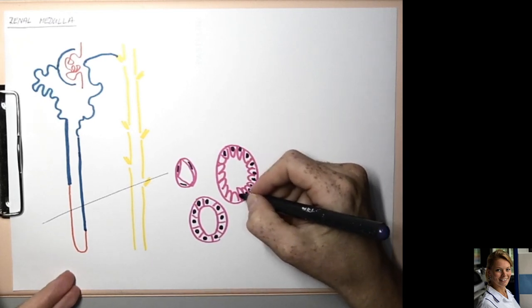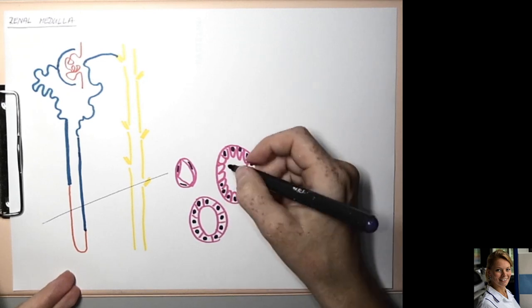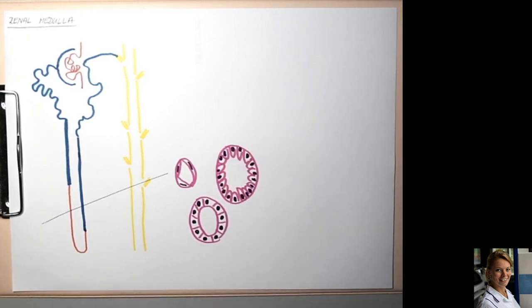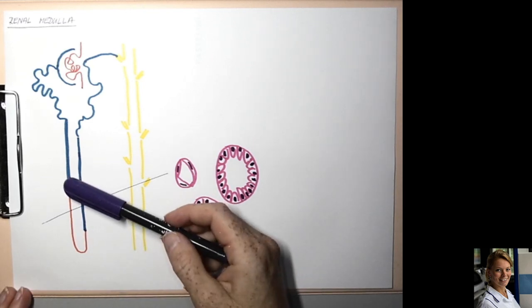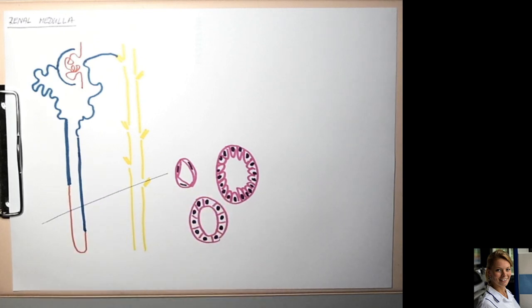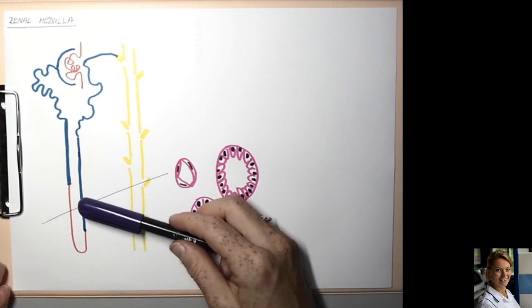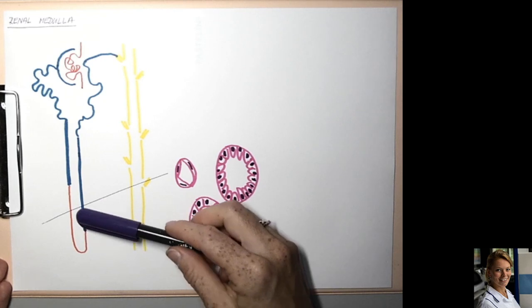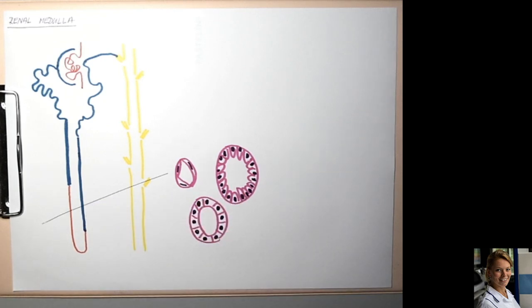The nephron loops in the renal medulla produce the hypertonic urine. The thin part of descending nephron loops is permeable for water, but the thick part of ascending limb is not permeable for water, but is able to transport ions into the interstitium.